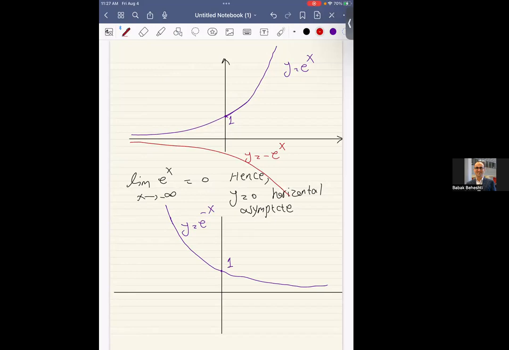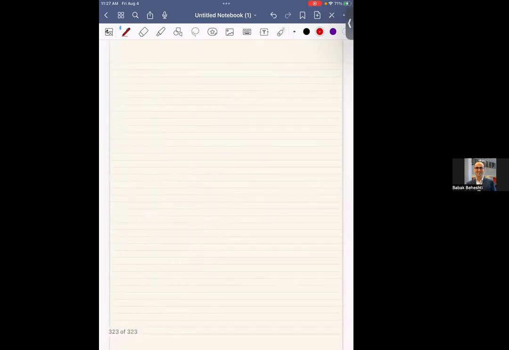So similar to exponential and logarithm, we also have the inverse of e to the power x, which is another logarithm with base e. So the inverse of f of x equal to e to the power x is, when I say y equal to e to the power x, it means that x equal to log of y with base e.